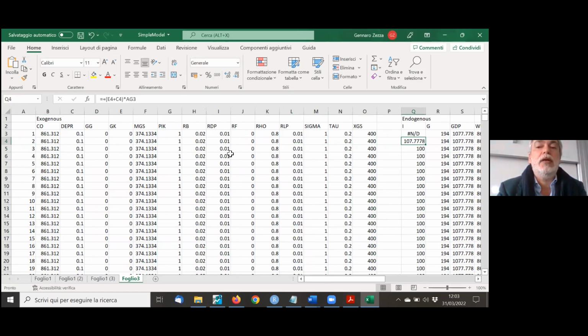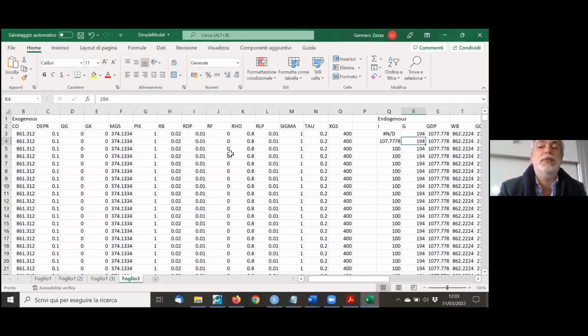And we can later play around with the values of the exogenous variables or the values of the opening stocks in order for this to be exactly what we want. And now G is a constant, and we don't need to specify it.